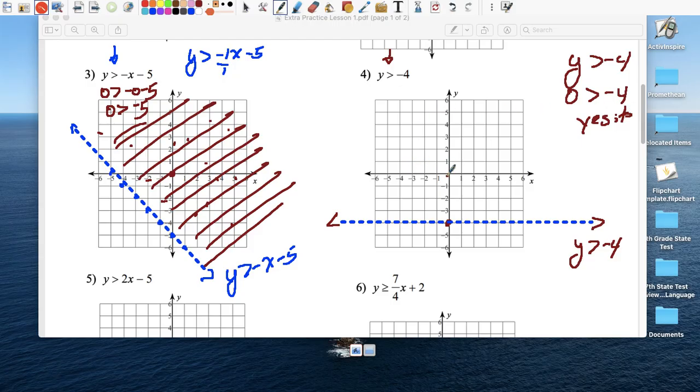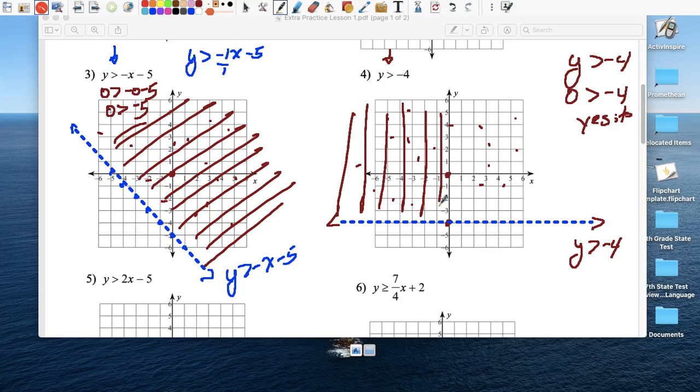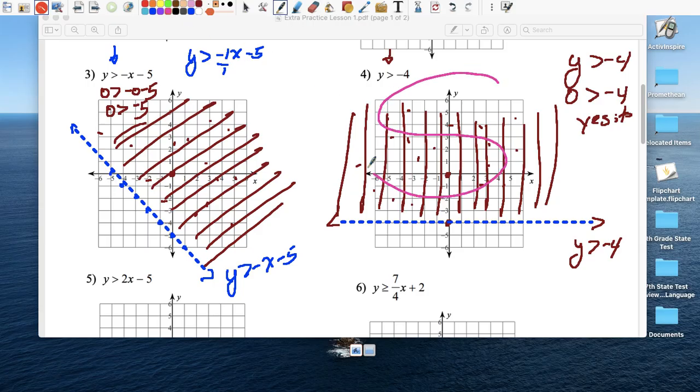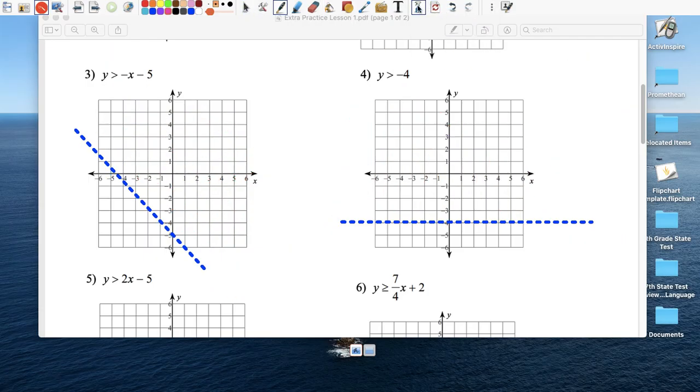So that tells you that this point, along with every single point above the line, will also satisfy the inequality. So we're not going to represent it like that, but we'd rather do this. So points that are not on the line and above the line make this inequality true. And if you want to put a big S here, there you go. That's your solution area. Okay.